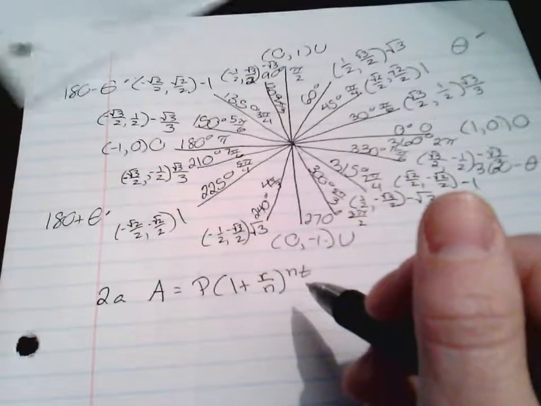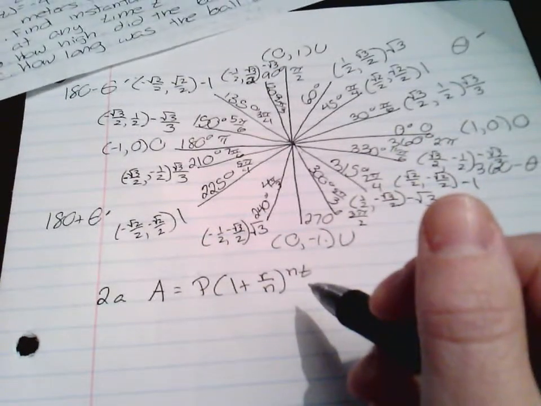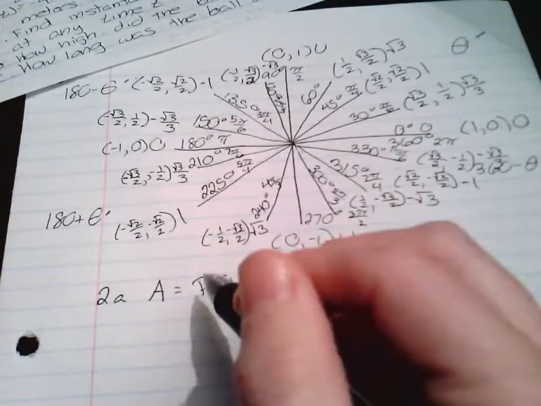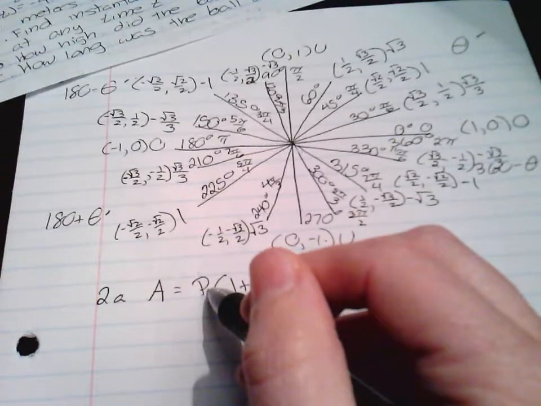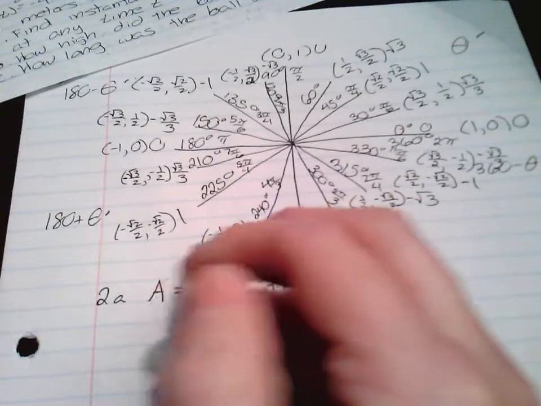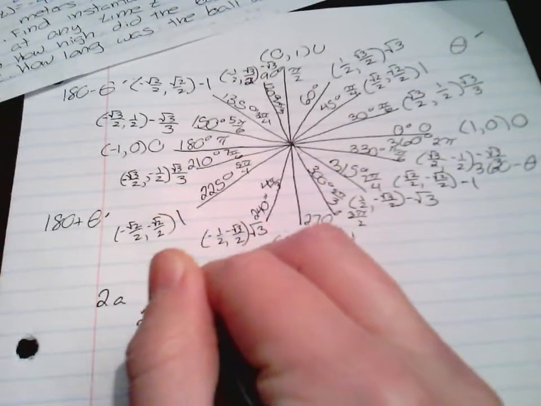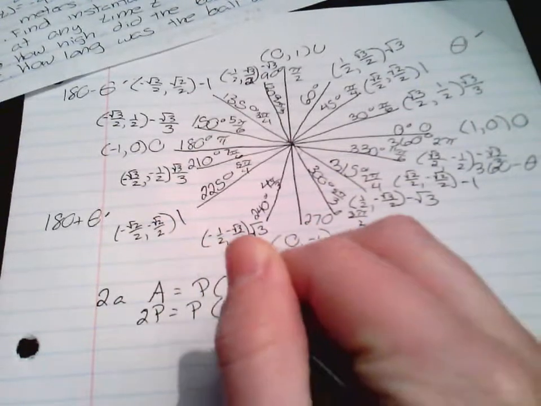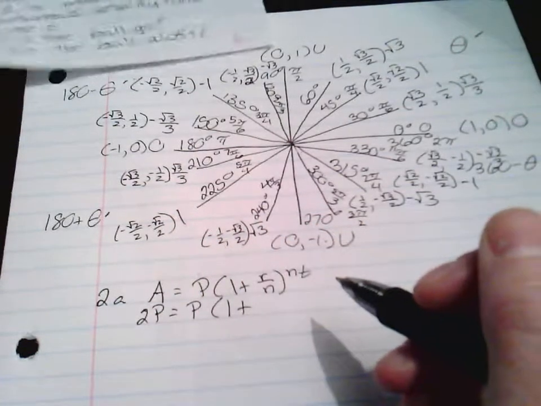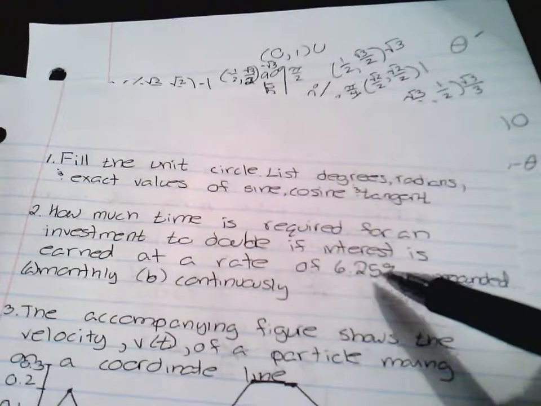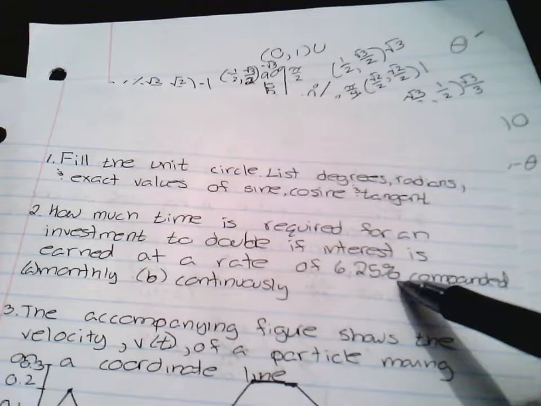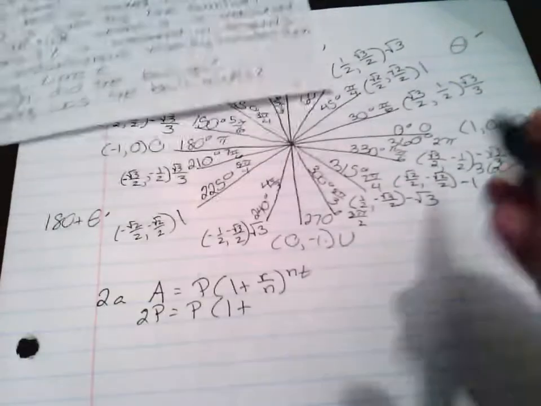Okay, so it's asking how much time is required for the investment to double. So the investment I'm going to say is P, and then we're doubling P. So that's going to turn into 2P equals P times 1 plus R, so the rate is 6.25%, so R is going to be 0.0625.